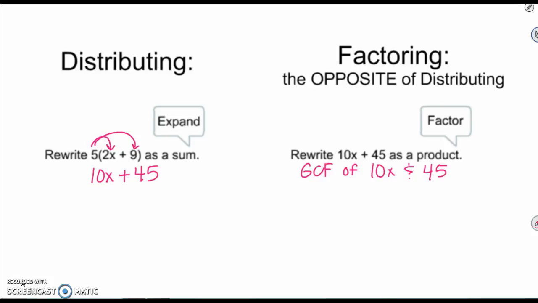I know that the greatest common factor of 10x and 45 is 5. So that number goes outside of my parentheses. Then I think, what do I multiply 5 by to get 10x? 5 times 2x equals 10x, plus 5 times 9 equals 45. So as you can see, distributing and factoring are opposites of one another.